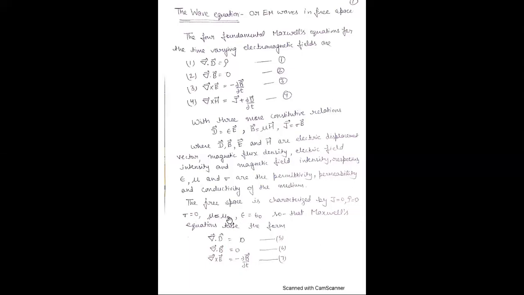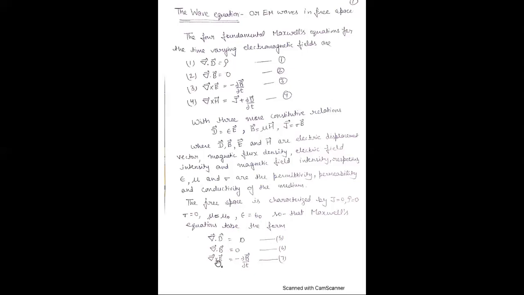Mu naught and epsilon naught are the absolute permeability and permittivity respectively in free space. So the Maxwell equations take the form in free space: del dot D, rho is equal to 0 in free space, therefore del dot E is equal to 0.